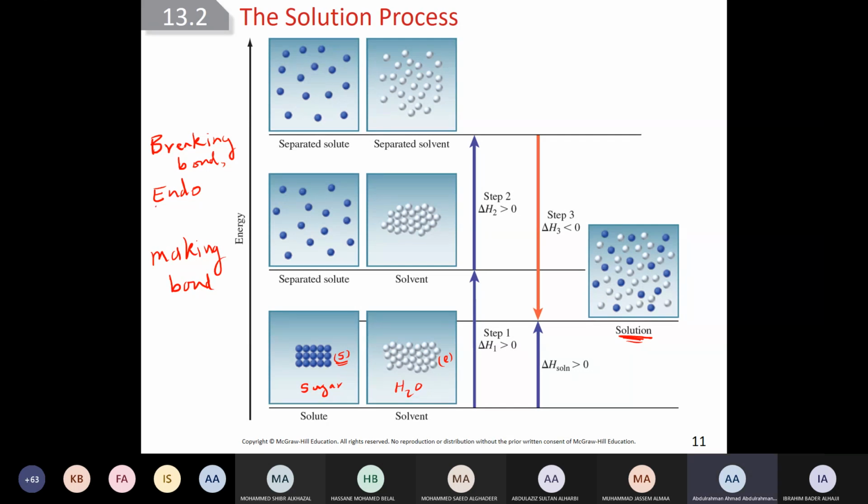I think breaking is endothermic, and making is exothermic. Did I make a mistake in the first slide?